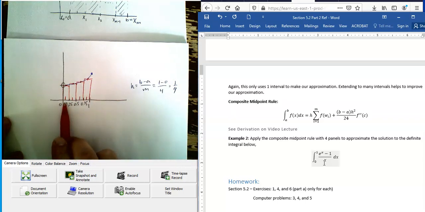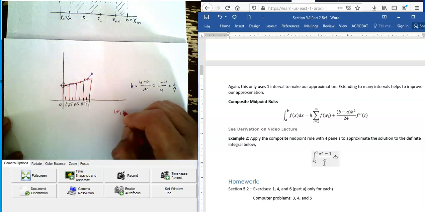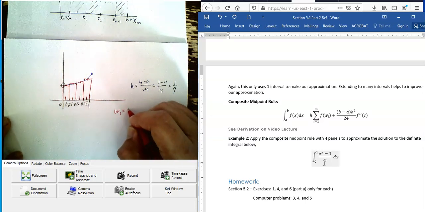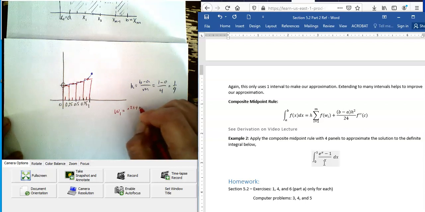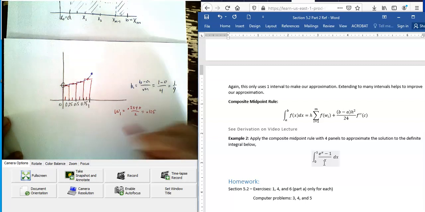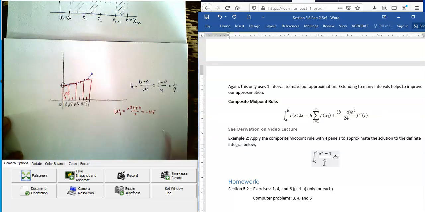So here, what would the midpoint value be between 0 and 0.25? Well, W1, let's say, the midpoint would be 0.25 plus 0 over 2, just the average, which is 0.125.